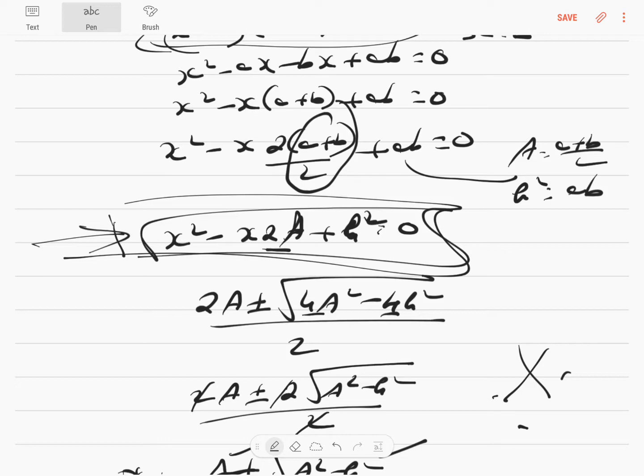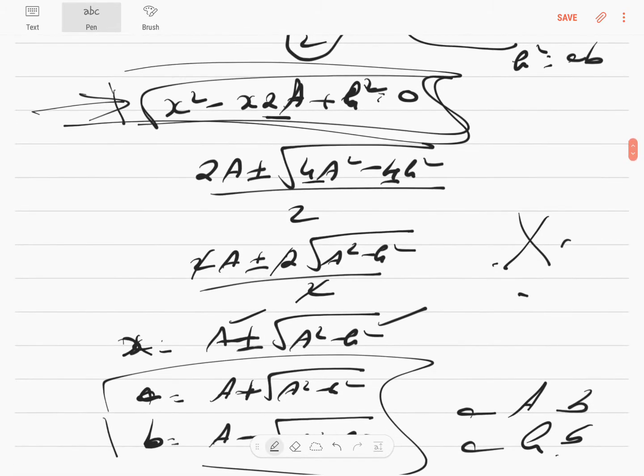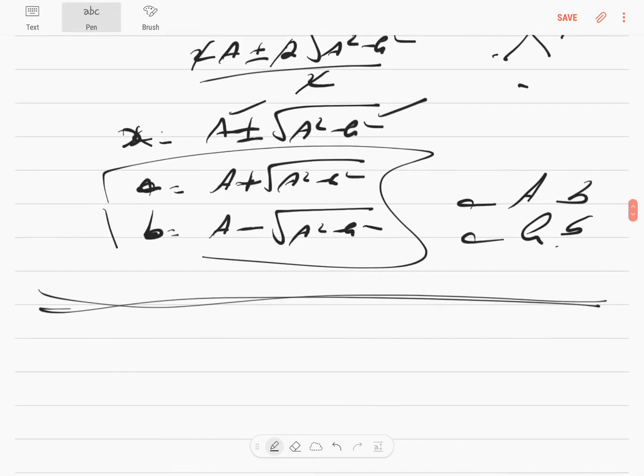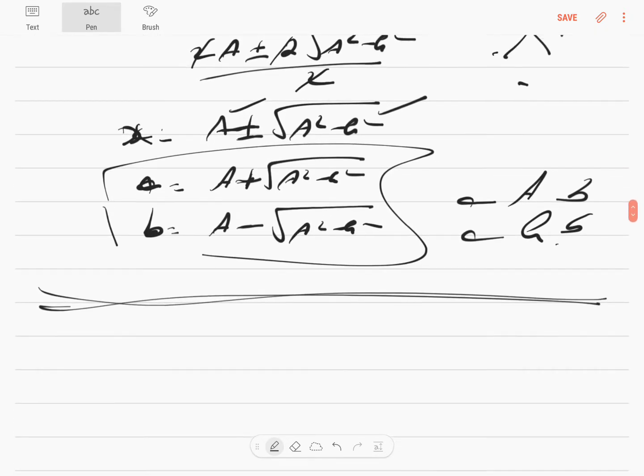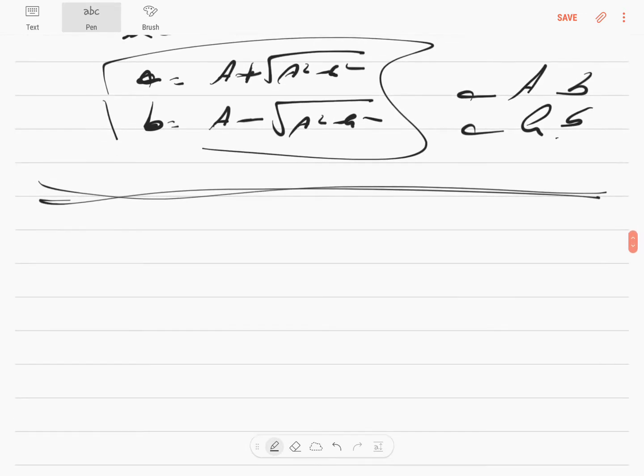Multiply and divide only the middle term in order to get capital A, because (a plus b) by 2 is capital A. So x square minus 2Ax plus G square is equal to 0. So this itself is a quadratic equation. Solving this using the formula minus b plus or minus root of b square minus 4ac by 2a, you will get the final answer to be capital A plus or minus root of capital A square minus capital G square. So with the plus one answer and with the minus one answer, we get the two numbers small a and small b. So now I hope you understood.